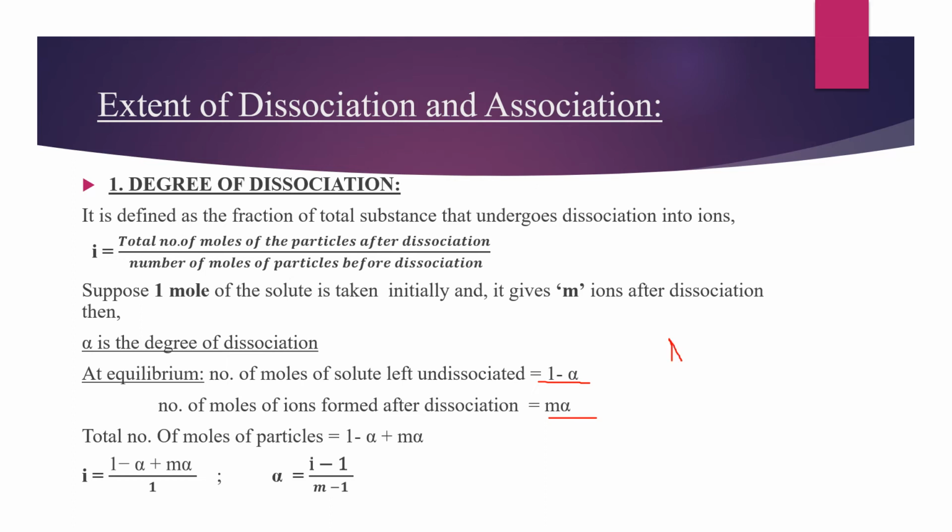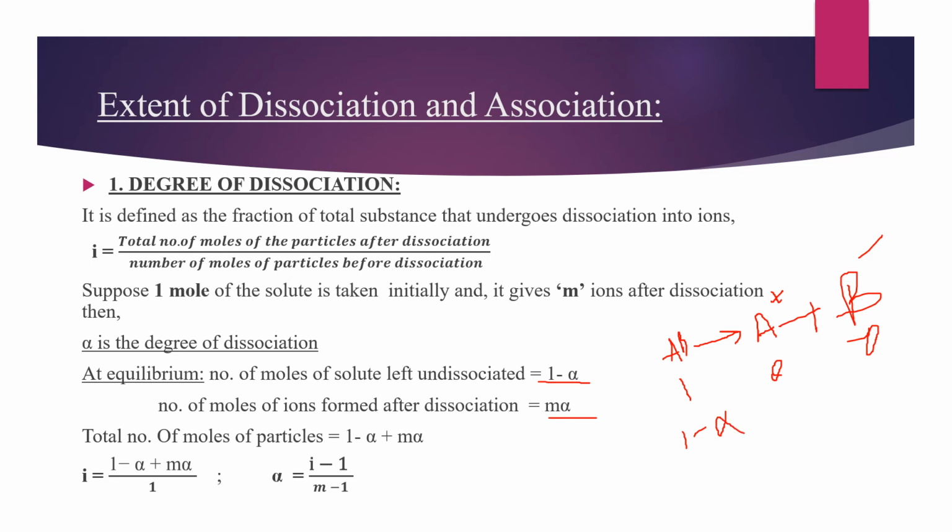As an example, take an AB molecule which gets dissociated into its ions A positive and B negative. Initially, when it has not been dissolved in the solvent, it has 1 mole of AB and 0 moles of ions. But at equilibrium, when it dissolves in the solvent, the number of moles of AB decreases by alpha.